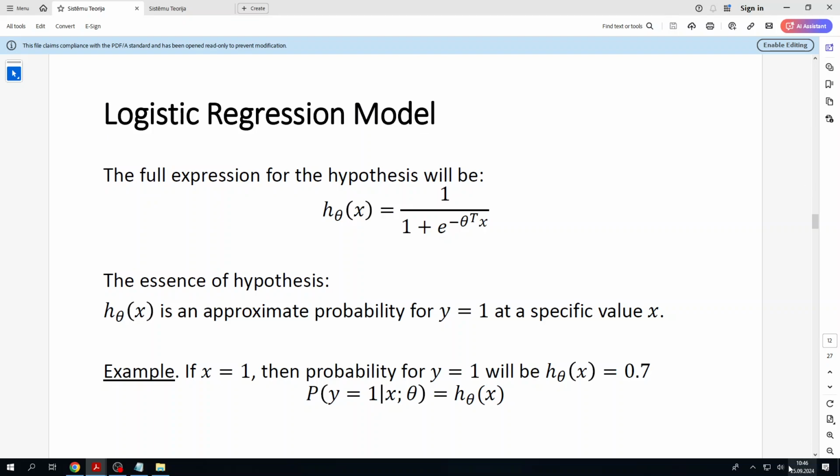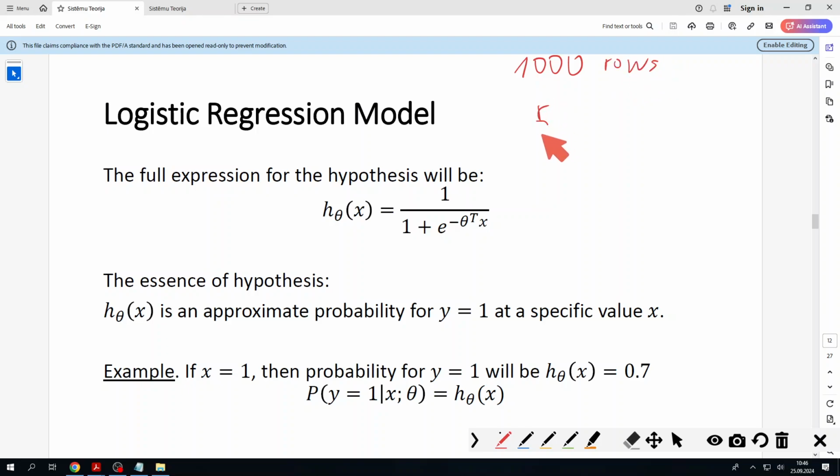So let's say you have a binary problem where you have, let's say, 1,000 possible examples or rows in the dataset.